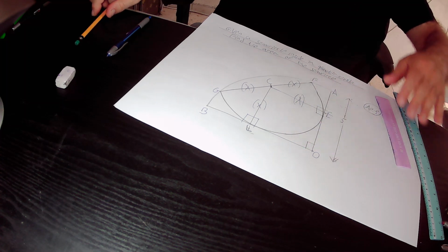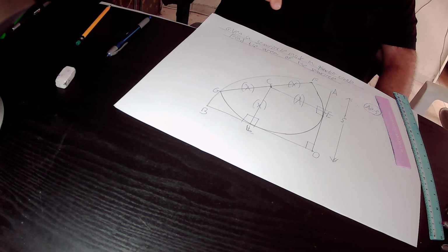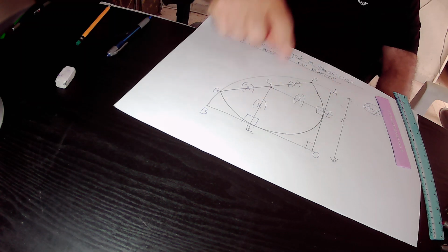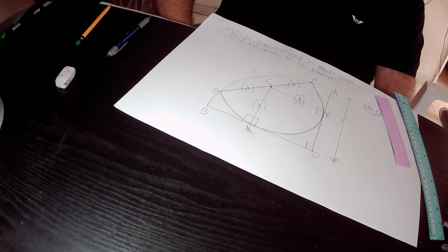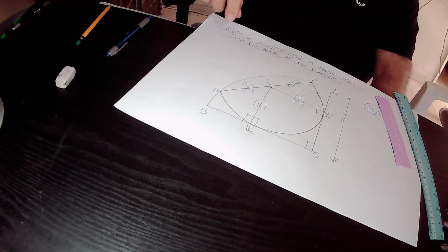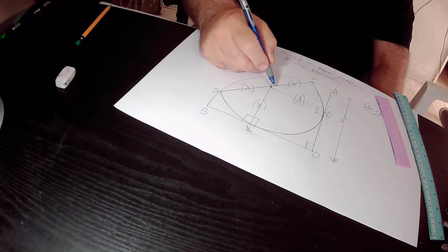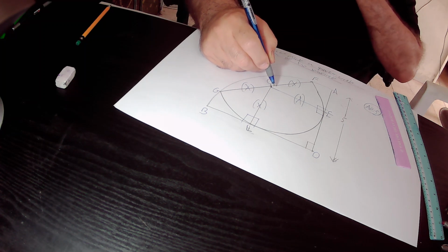So actually, by doing these constructions, we get the quadrilateral CEOL. Inside this quadrilateral CEOL, we have 1, 2, 3 right angles. The sum of 3 right angles is 270 degrees. So 270 degrees plus the size of this fourth angle, in total they must be equal to 360 degrees according to the rule that the sum of the angles in any quadrilateral is equal to 360 degrees.